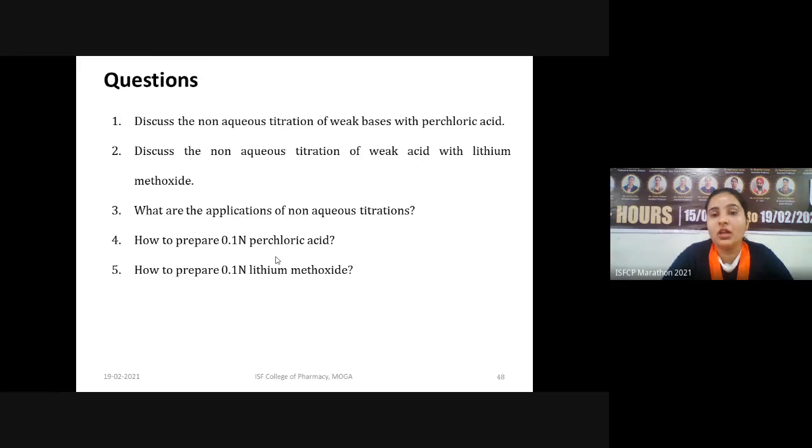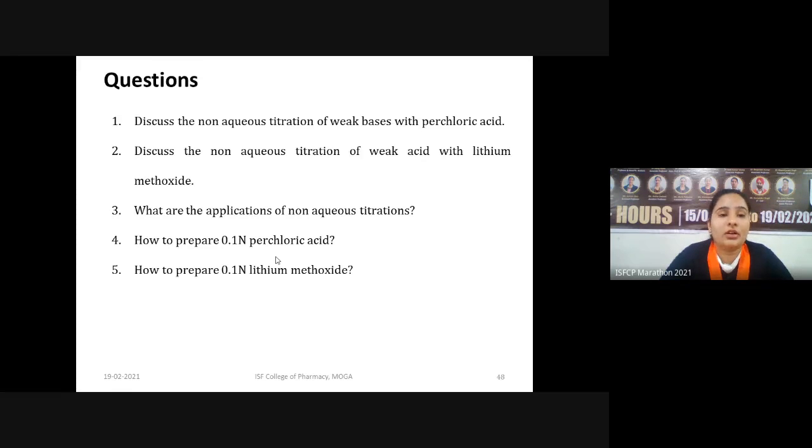Now the onium which has been produced will act as an acid, and then we also prepared the solution of the weak base by taking an example of pyridine in acetic acid. By dissolving pyridine in acetic acid, the lone pair which was present on pyridine was protonated, and after preparing the solutions of both base and perchloric acid in acetic acid, the titration was done.